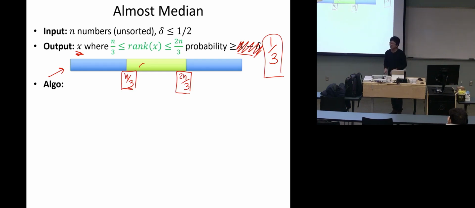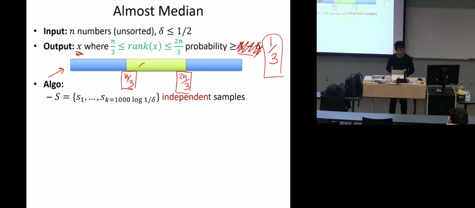And the idea is, let's just do something like that. Instead of 3, let's pick some large constant number, k, of numbers.